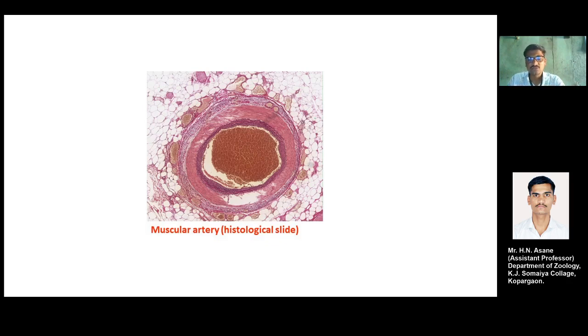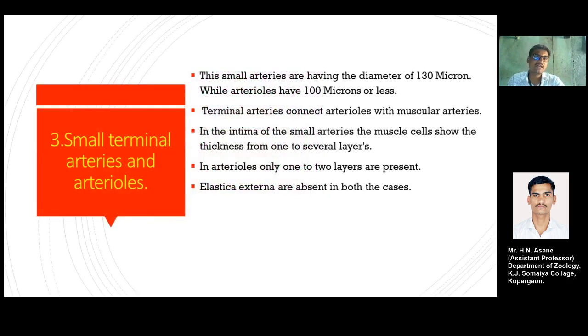Okay, so these are the specifications which help this particular type of artery perform a better role in its environment. So the third type will be the small internal arteries and the arterioles. These small arteries have a diameter of 130 micron, while some arterioles have 100 microns or less and are also found in the body.